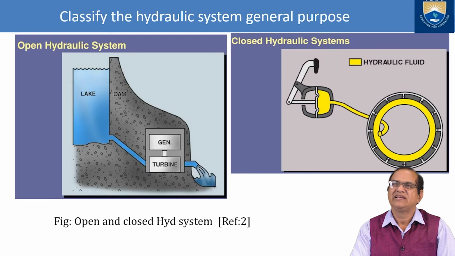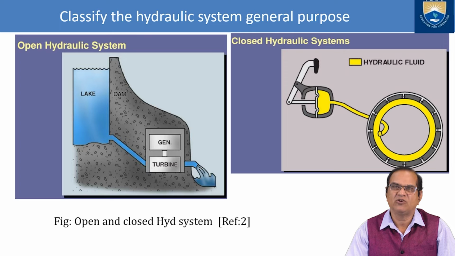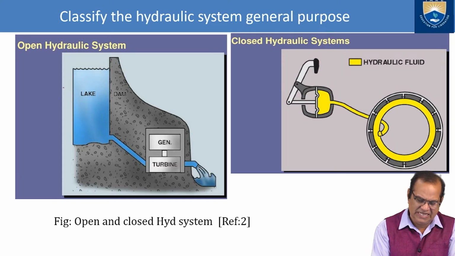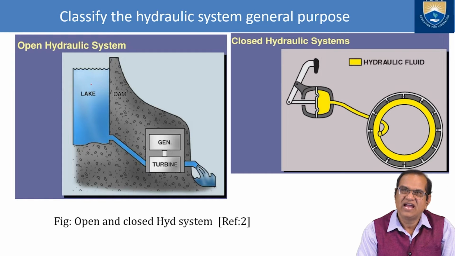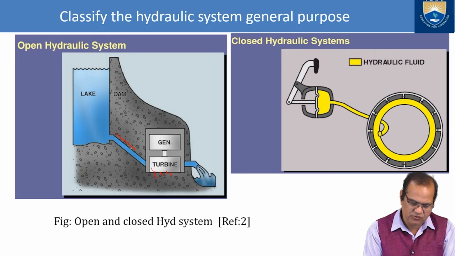Classify the hydraulic system, general purpose. In this we have the open hydraulic system and the closed hydraulic system. Here you can see there is a lake, and this lake water is raised here, and a turbine is fixed here, and due to this the turbine will rotate and power will be generated.